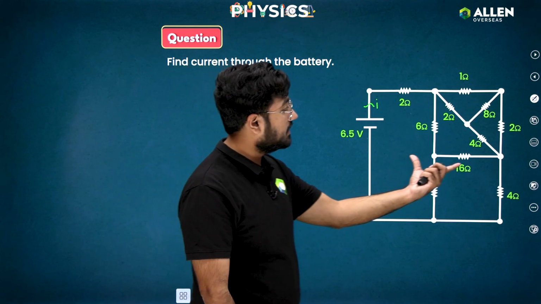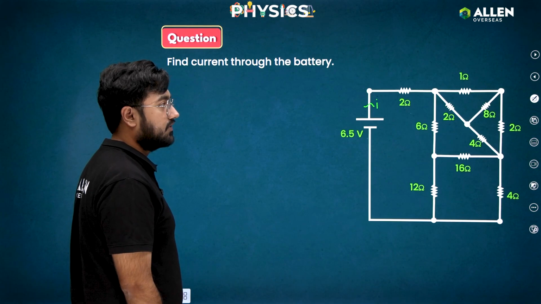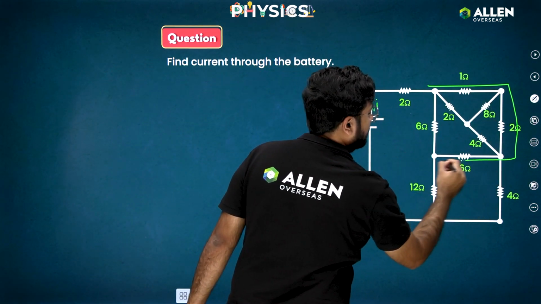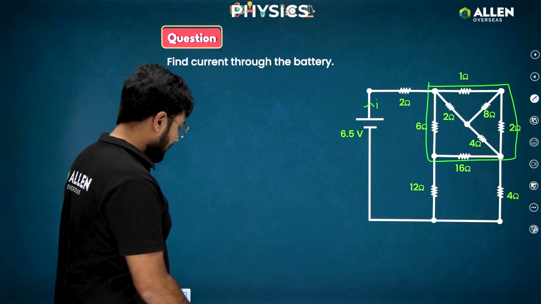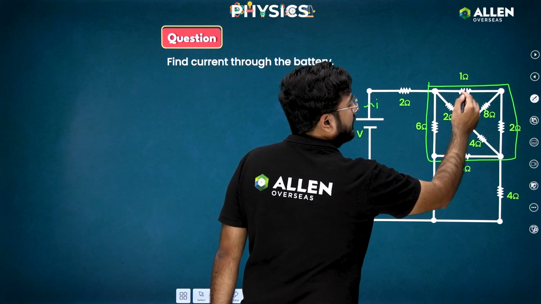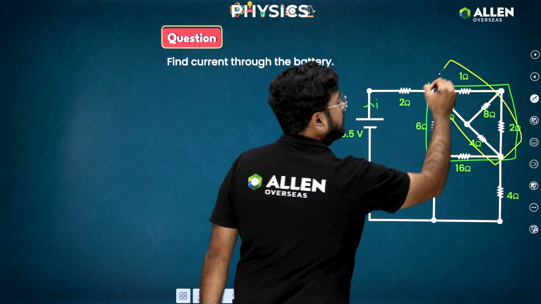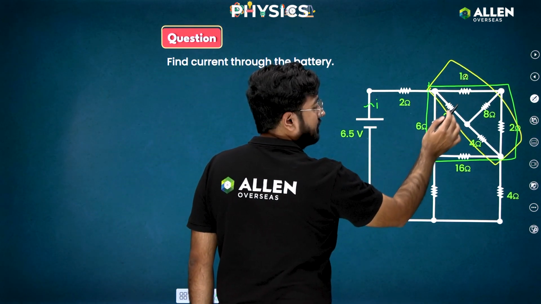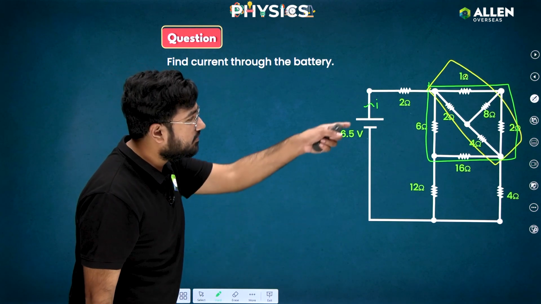That means we have to find an equivalent circuit for this. Now consider this much part of this circuit. Here you have 1, you have 2, here you have 2, here you have 4. Is this a balanced Wheatstone bridge?